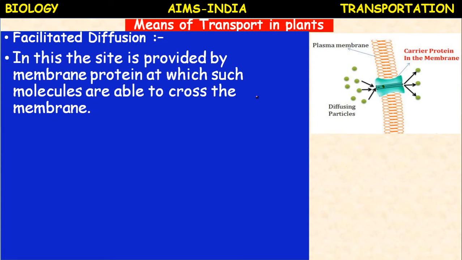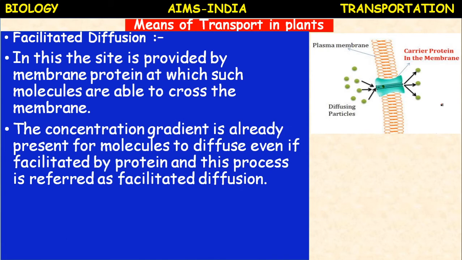In this facilitated diffusion, the site is provided by membrane proteins at which such molecules are able to cross the membrane. Okay. The carrier proteins in the membrane will determine the passage of the molecules.